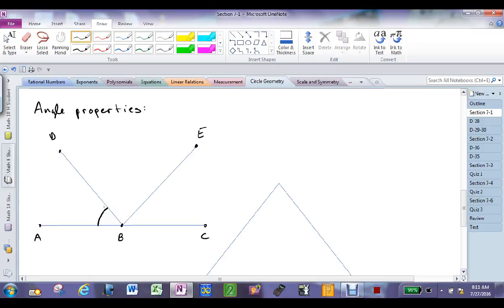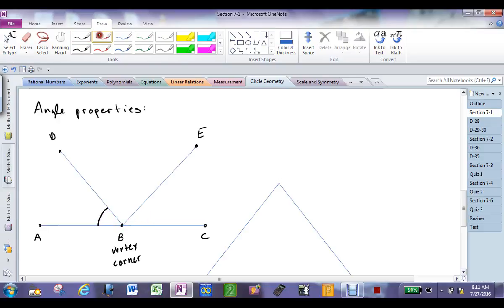is named. We name angles by points involved in the angle, okay? Now, if this was the only angle here, we could name it angle B, because B is the vertex, which is just a fancy word for a corner. Okay? But is there more than one angle at B? Yeah, there's three.